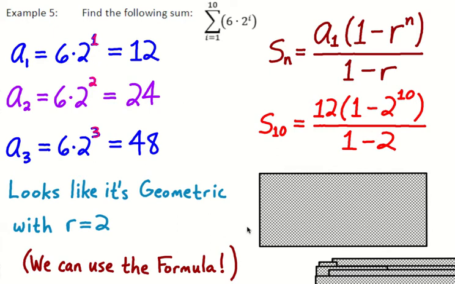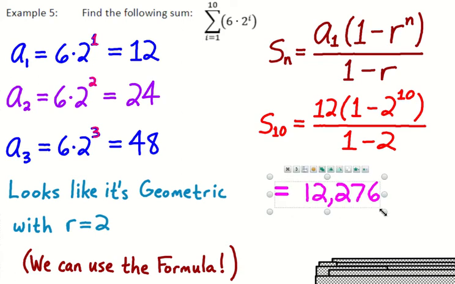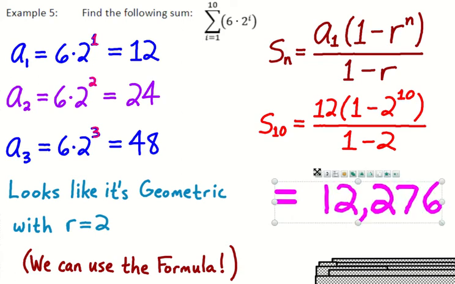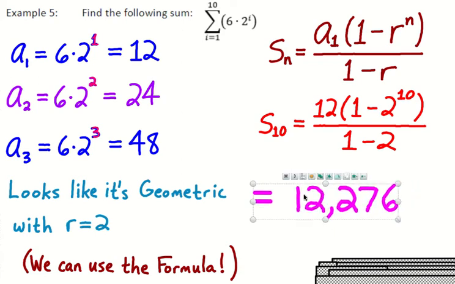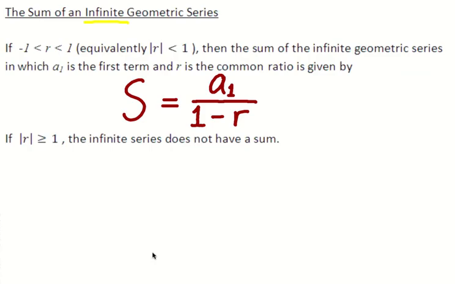Whatever you're comfortable with, just make sure you do it correctly, and that's what you should get. Ooh, I don't think I have this color anymore in the new version. Anyway, 12,276, final answer. Okay.